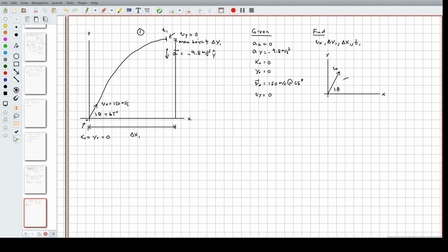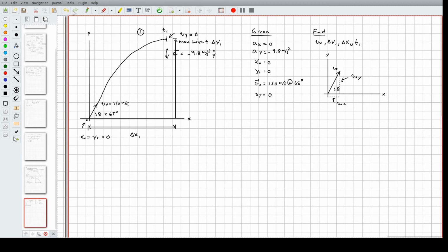And so this part of the v naught vector is going to be v naught y, and this part right here will be v naught x. Just for completion's sake, I'll fill them in like that. There's v naught y, and then this would be v naught x, like that.